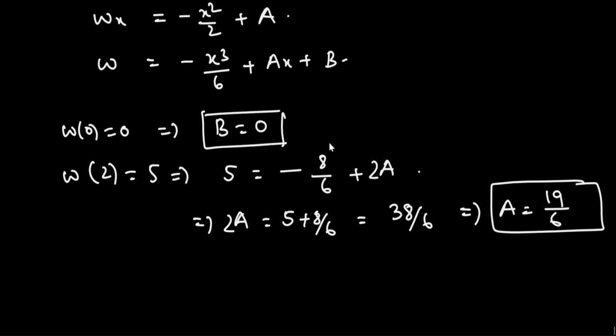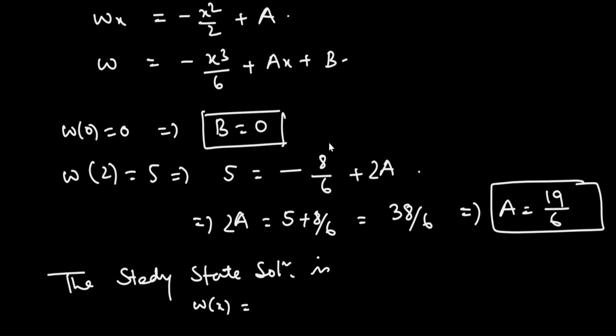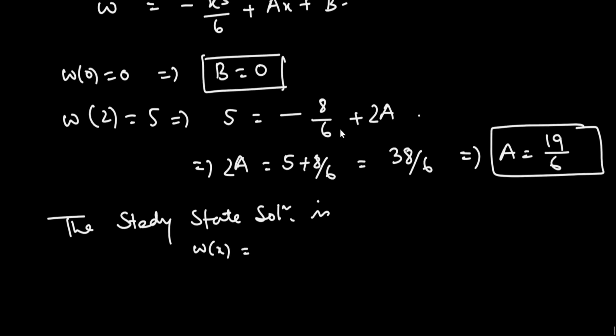That means the steady state solution is w(x) equal to minus x cubed by 6 plus 19 by 6 x.